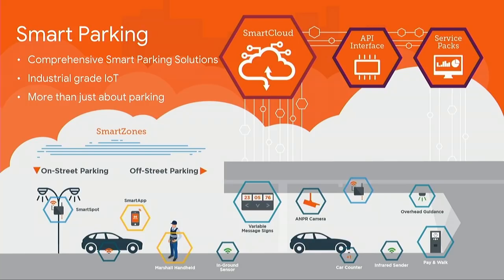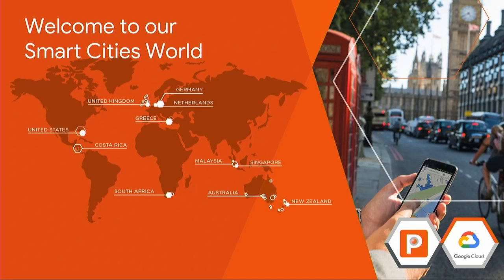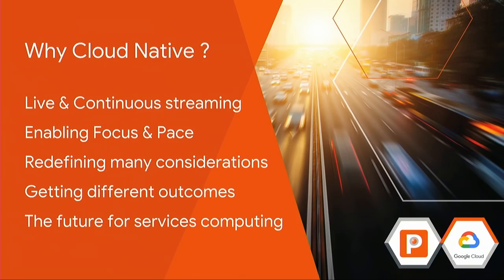This is where we have started to head. As I mentioned, we're in cities around the world, and that photograph is of Westminster in London. Westminster City has our sensors all around the streets, and it's changed the way their parking operates in the City of London.